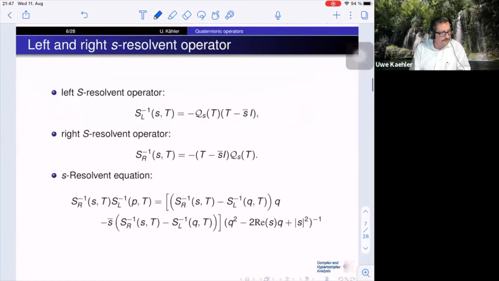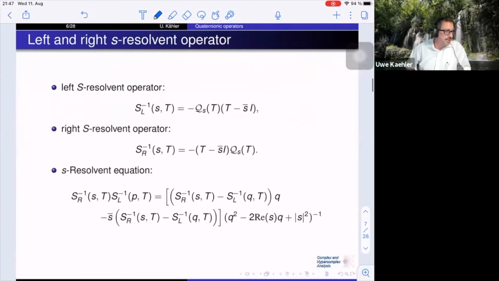You have the left and the right resolvent operator, and a priori, if you're just interested in, let's say, working initially with a Cauchy integral formula or things like that, then the left or the right resolvent operator would be good enough.